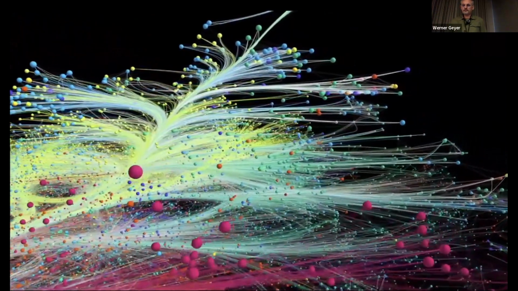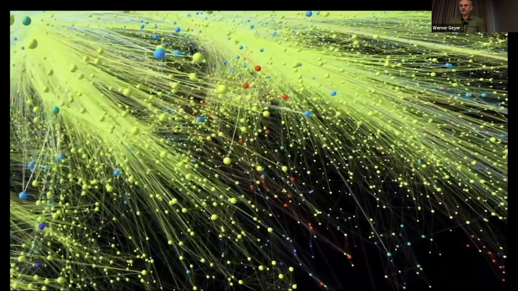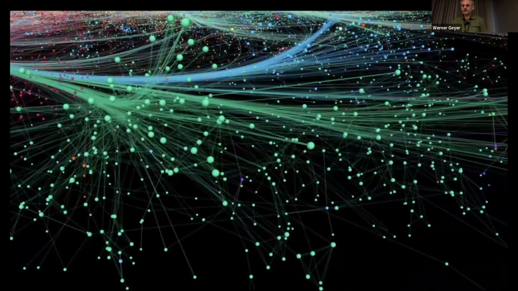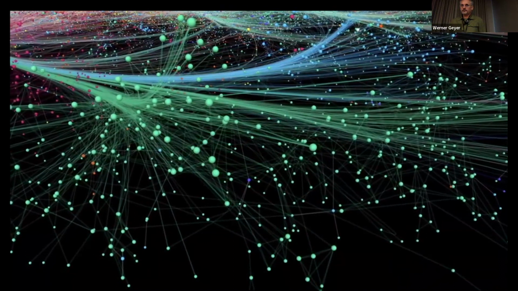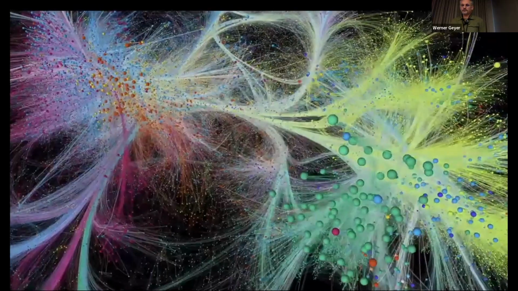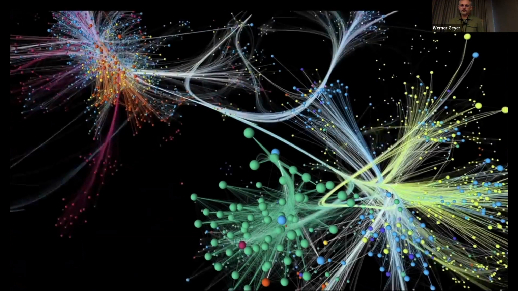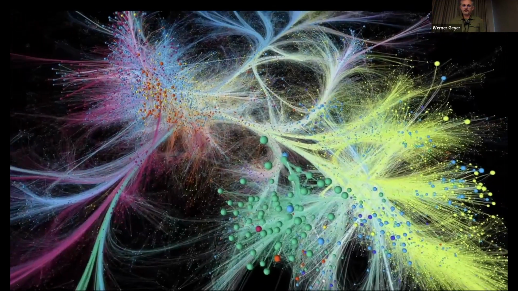The colour represents the field, yellow for earth and space science, green for physics, and so on. Two papers are connected if a third references them both. Using these simple rules, scientists built the network paper by paper. Let's start from the beginning.